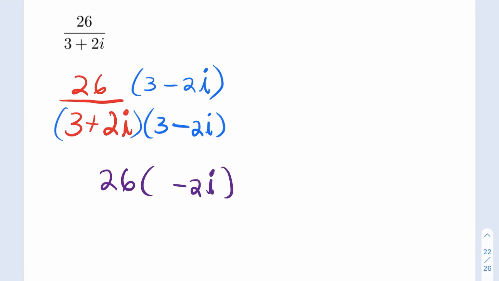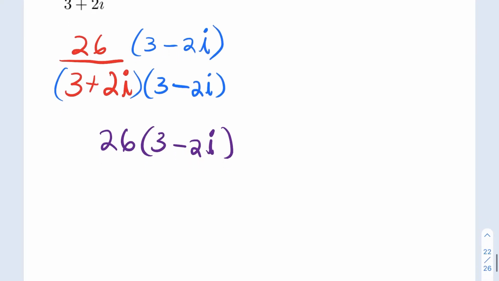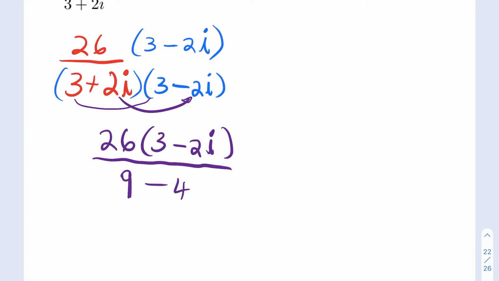The reason being, the denominator is going to turn into just a real number, and if I have any common factors in these real numbers, I can cancel them. So the denominator is going to be, when you multiply these conjugates, you get 9. The middle terms will cancel: negative 6i and positive 6i. And then last times last will give me minus 4i squared.